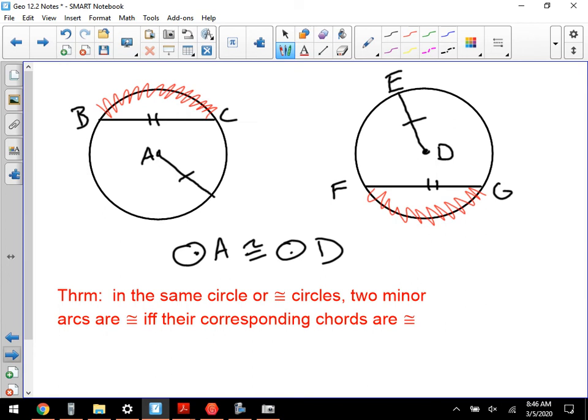Now, as you go further, what kind of triangle does this make? Isosceles. Good, which means you have congruent base angles. So far, so good. If I do this again, let's say this is, I'll make this easy, 80 degrees.